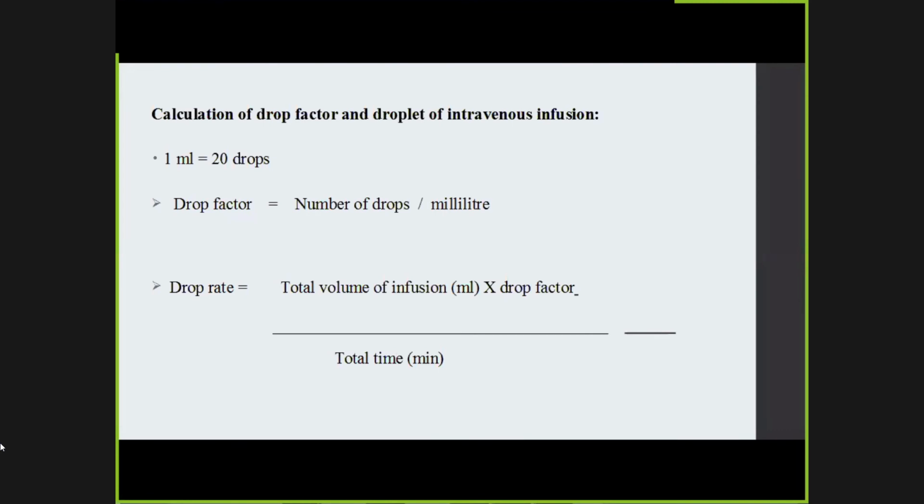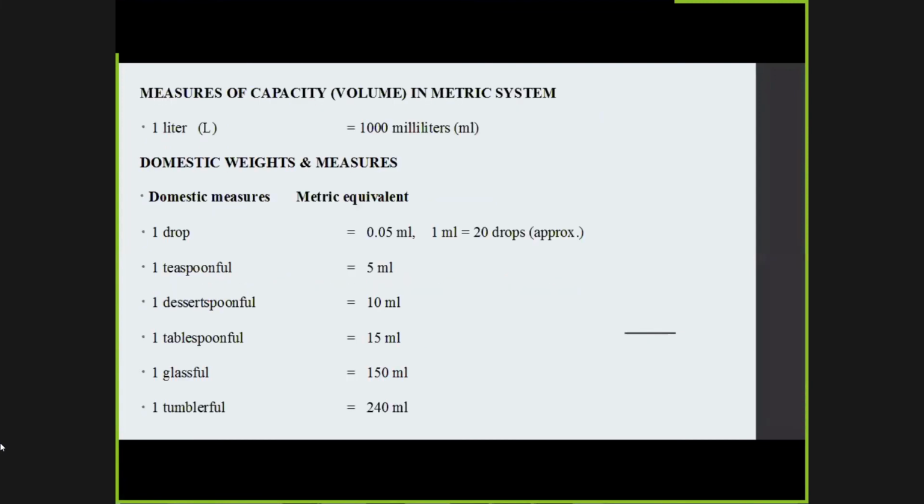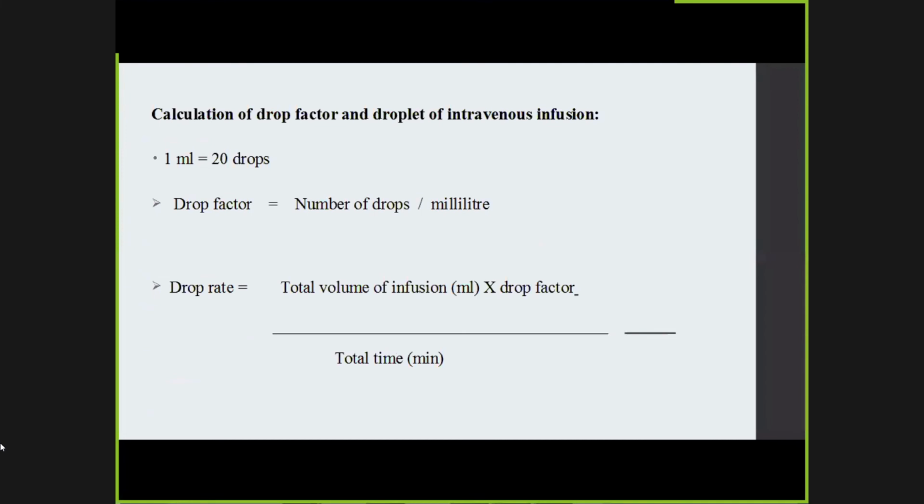So total volume of infusion into drop factor upon total time in minutes. That's how you set up a drop rate via infusion. Clear? Domestic measures and setting of drop rate. Total volume into the number of drops per ml upon total time.